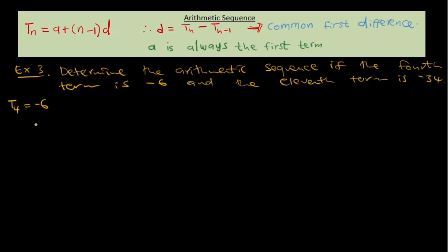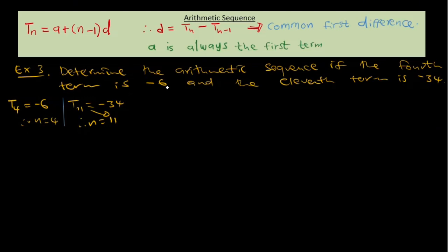And if T4 is minus 6, therefore n is equal to 4, right? Therefore, T11 is equal to minus 34. Therefore, n is equal to 11. All right. I hope you do understand that part.